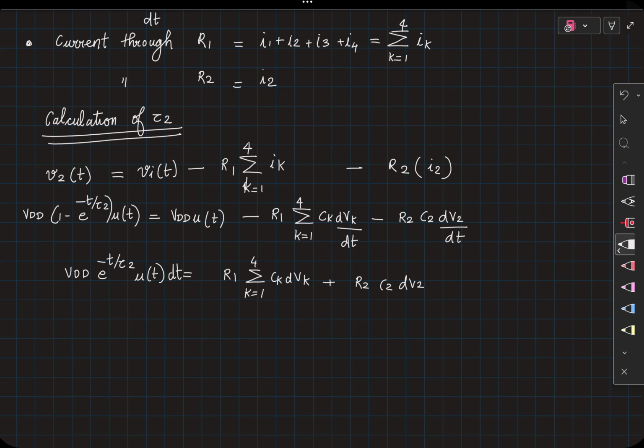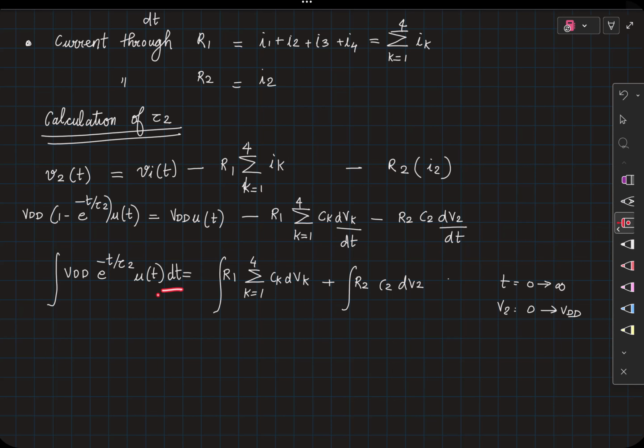And then I'm going to integrate this equation for t going from 0 to infinity. When your time is going from 0 to infinity, your voltage at V2 is going to go from 0 till VDD. Right?